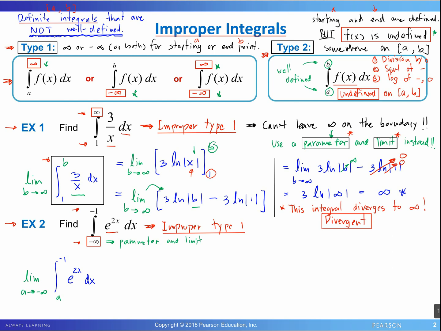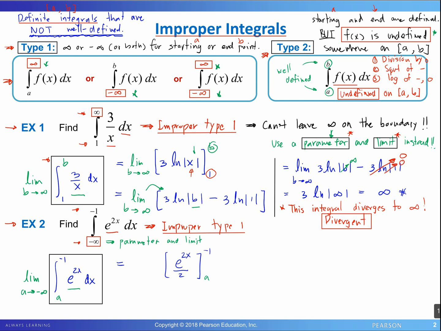And now we integrate this integral normally. It's going to be equal to, and now we find the antiderivative of e to the power of 2x. And we know it's equal to e to the power of 2x divided by 2. And now we evaluate this at two values, the starting point and the end point. The starting point is a, and the end point is -1.